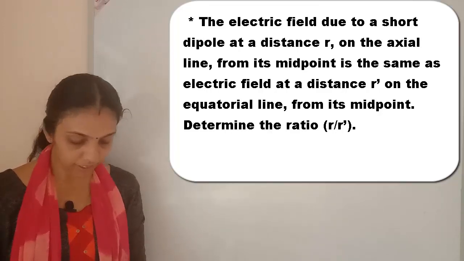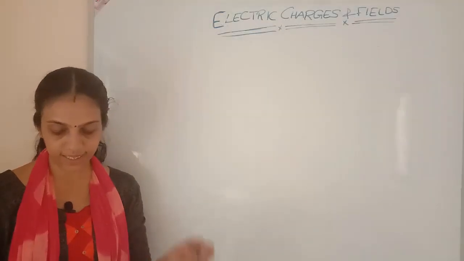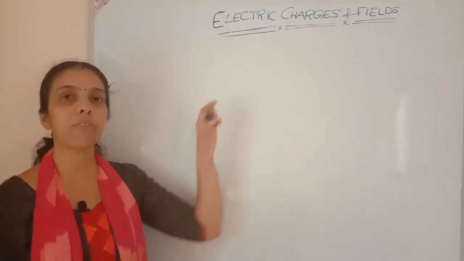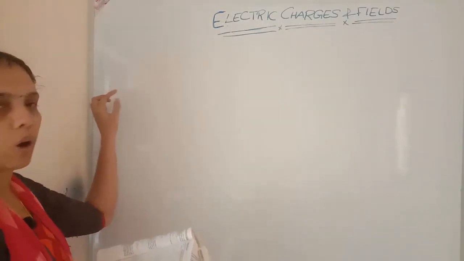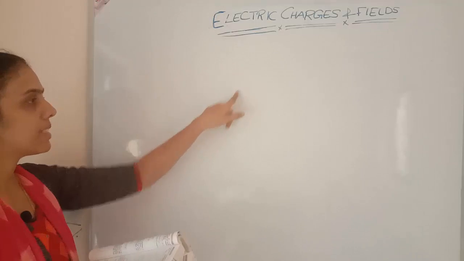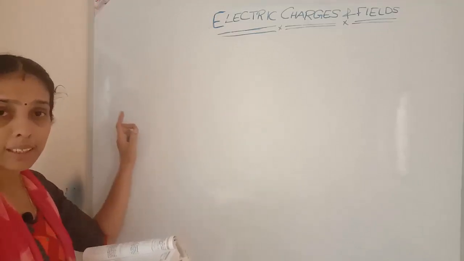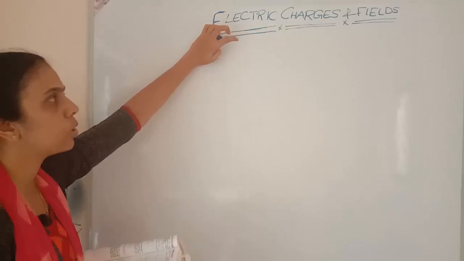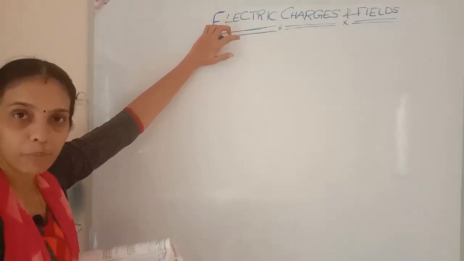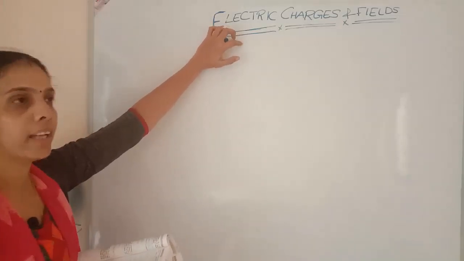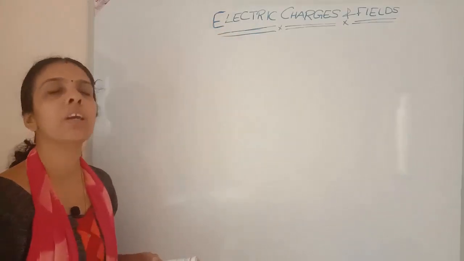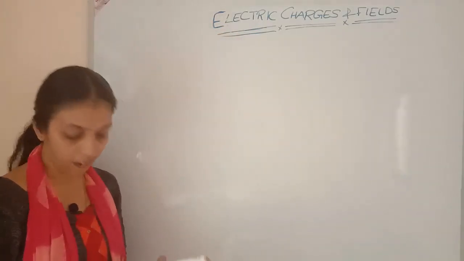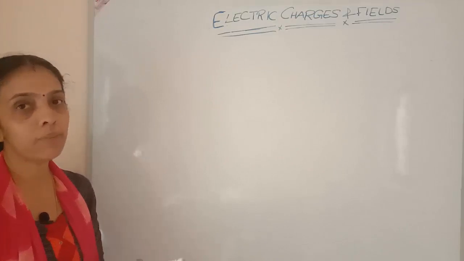So the electric field at a distance r on the axial line from the center of the dipole will be equal to the electric field of the dipole on the equatorial line at a distance r dash. We should find out that ratio, r by r dash.